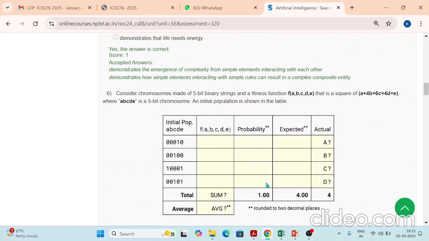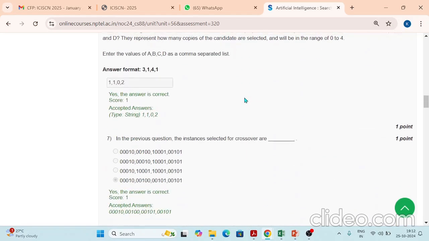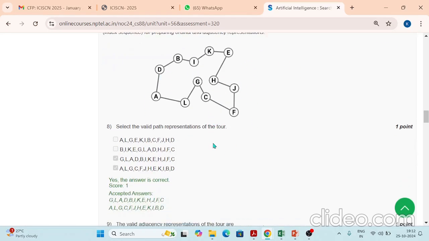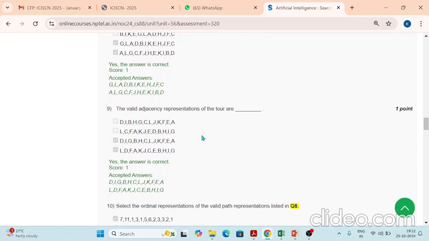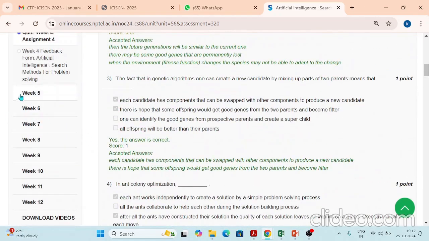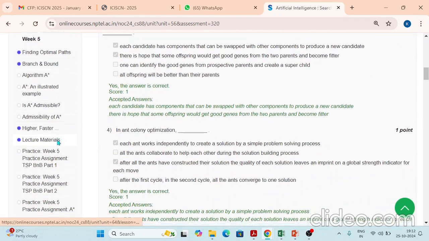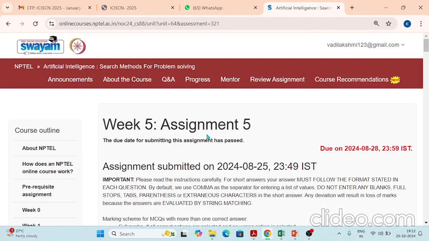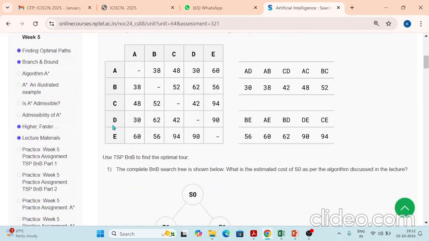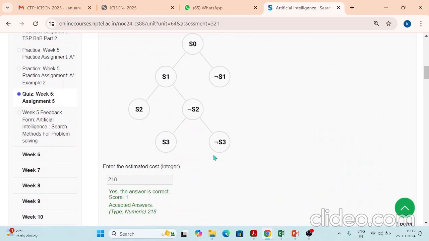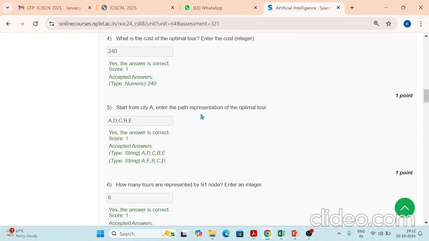You will get this type and also this type. That's why you should practice at least 8 weeks. If you are not able to clear all the weeks, then practice at least 8 weeks. We will also get this type, whatever we are solving, like branch and bound search. So practice this one.